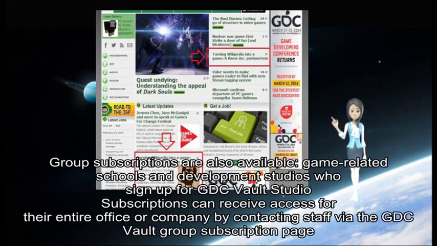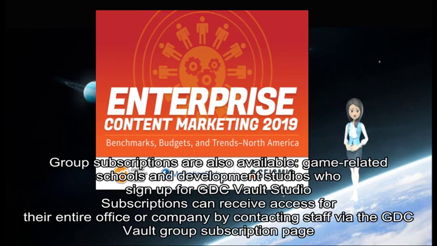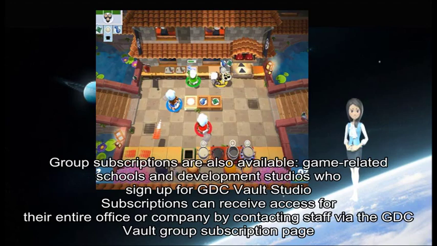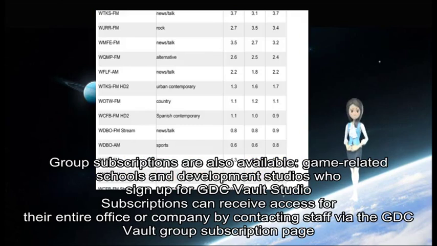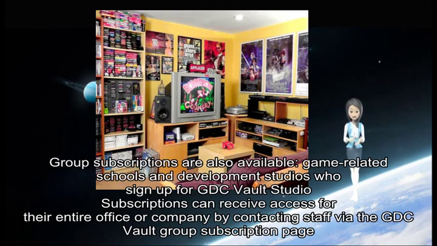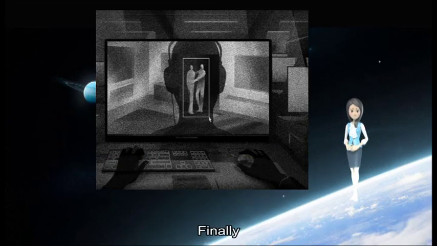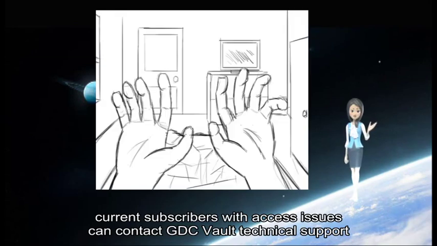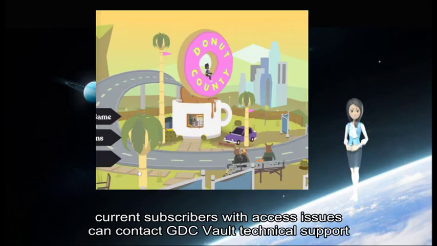Game-related schools and development studios who sign up for GDC Vault Studio subscriptions can receive access for their entire office by contacting staff via the GDC Vault Group subscription page. Finally, current subscribers with access issues can contact GDC Vault technical support.